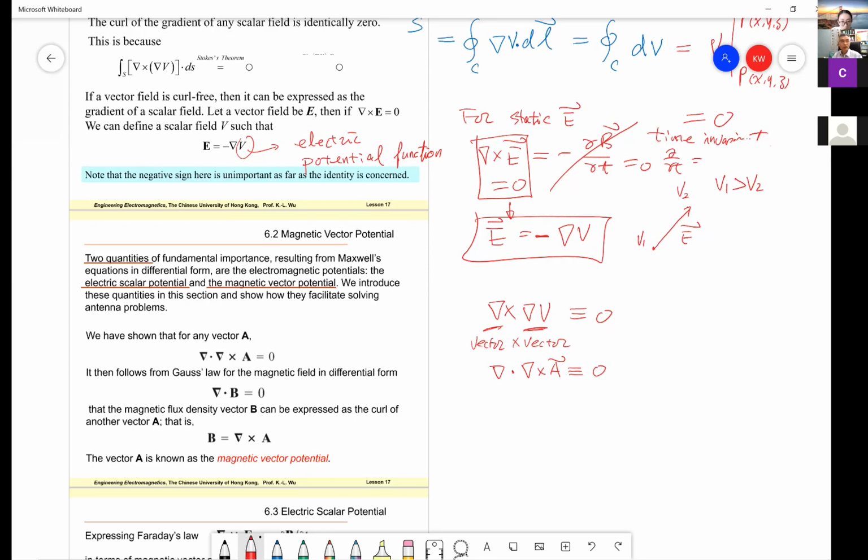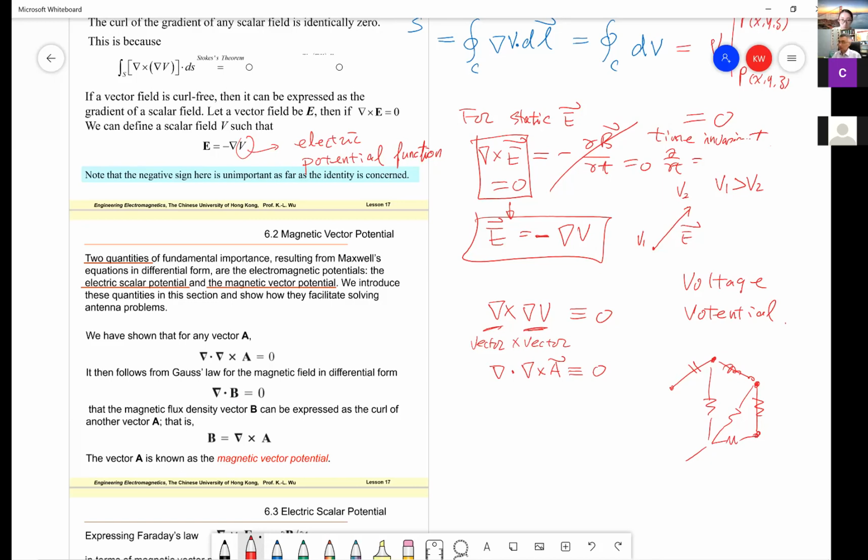Because when we study circuit theory, we have voltage and potential. When you write a node equation, you need to know the potential at each node. When you study a circuit, this could be resistance, inductance, capacitance, and so on. Those are nodes, with potential.